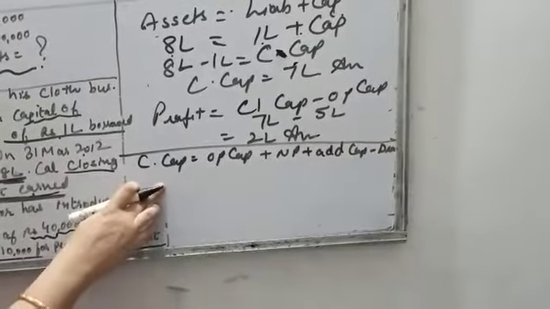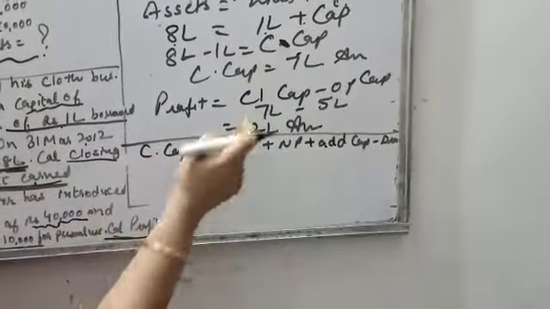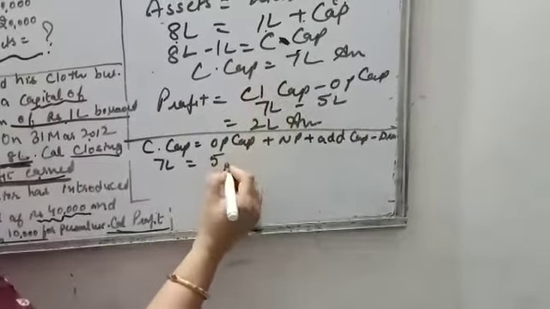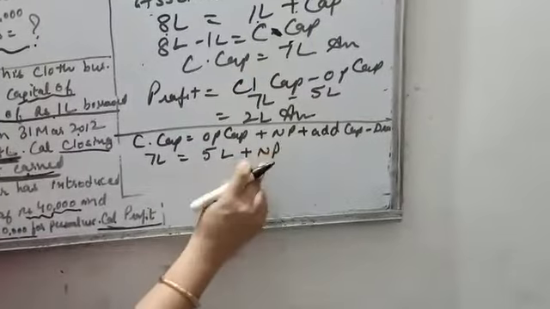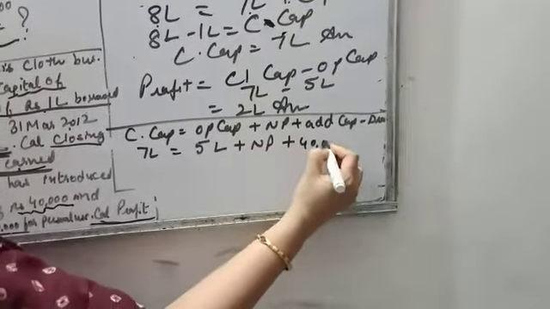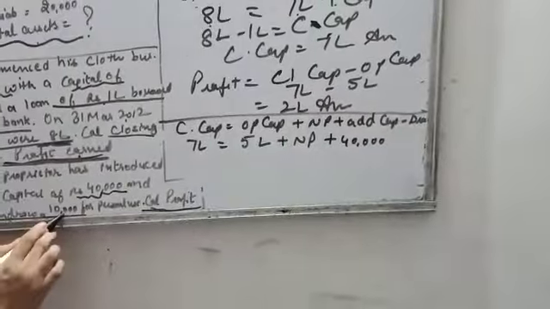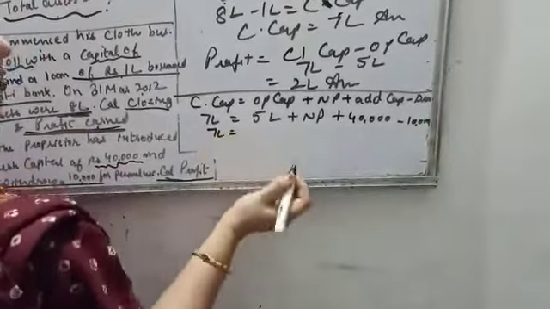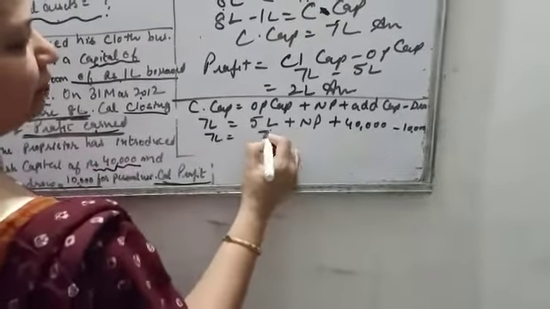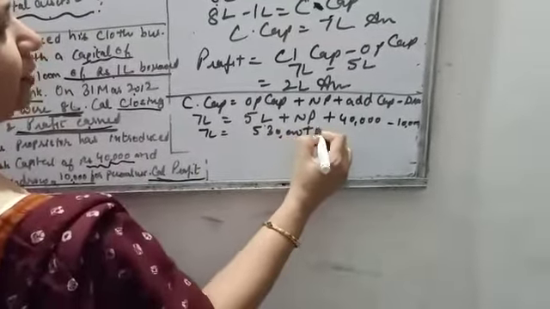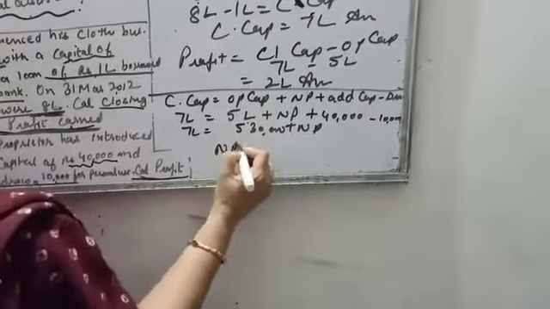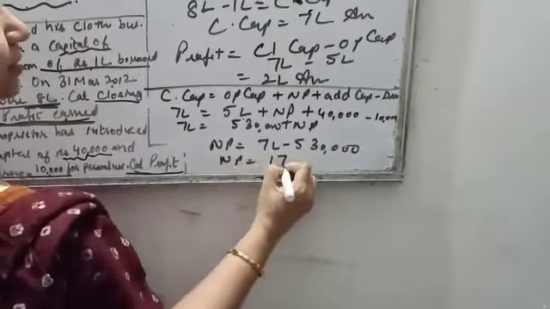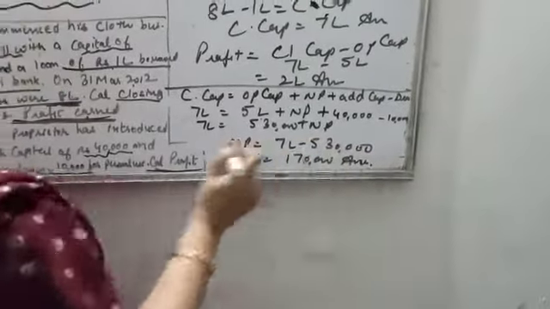Here we are going to fill in our values. Closing capital we have already found, 7 lakh. Opening capital we know is 5 lakh. Net profit we are going to calculate. Additional capital introduced is 40,000 and drawings are 10,000. 7 lakh is equal to 5 lakh 30,000 plus NP. So what will be the net profit? 7 lakh minus 5 lakh 30,000. It comes to 1 lakh 70,000. It will be our answer.